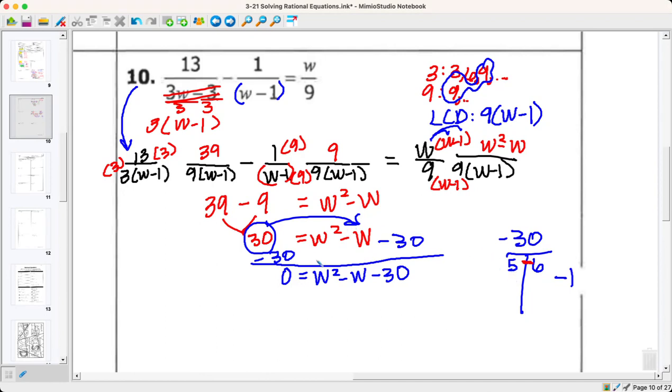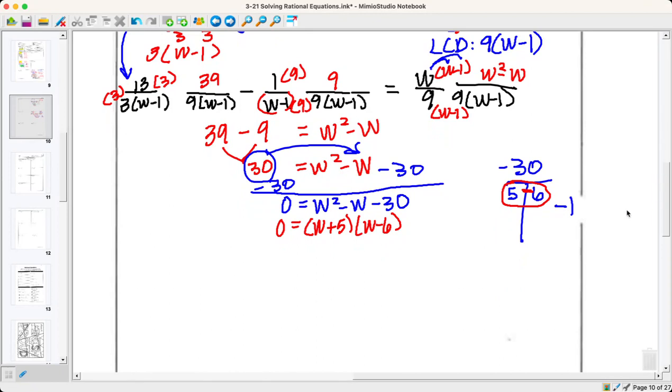And thankfully, the number here is 1. So if the number here is 1, we got a shortcut. We can just take those two factors and write our factorization as w plus 5 times w minus 6, still set equal to 0.